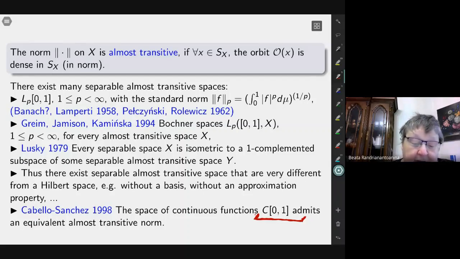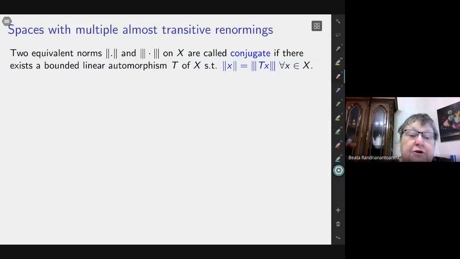However, and as I said, I find this result very surprising, Cabello-Sanchez found a different equivalent norm, which is almost transitive. I mean, this is very surprising. And at this point, one wonders, well, is everything almost transitive?